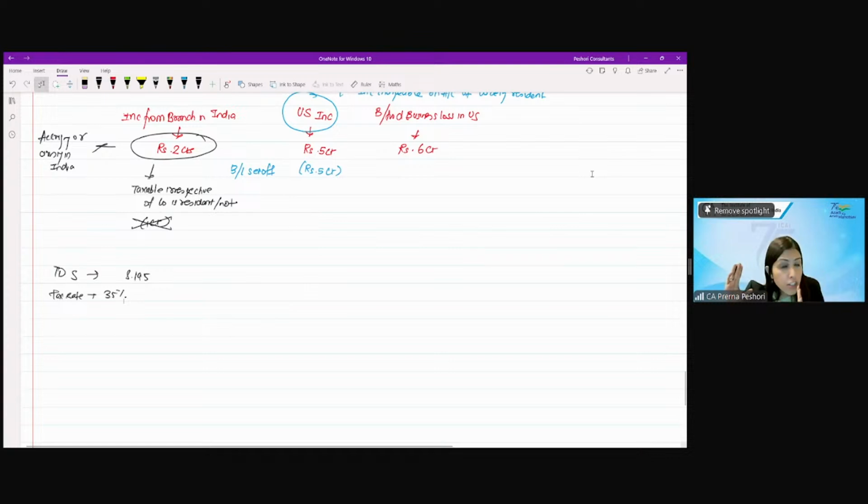So we have finished the residence, right? We have seen the residency for the individuals, for the HUF, for the firm, for the company. That is one way. A country can tax its residents on global income, and that is how the country derives the nexus. Because you are my resident, I am providing you as a country the infrastructure to stay and to work.